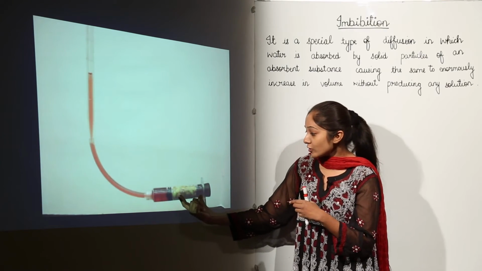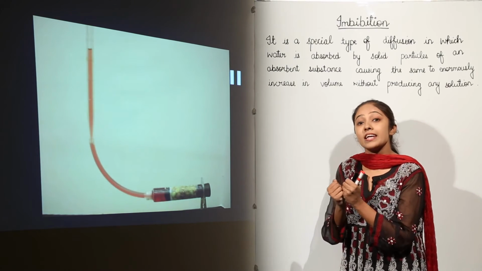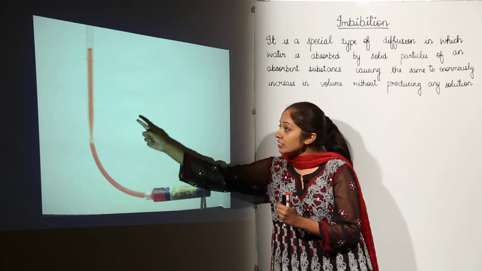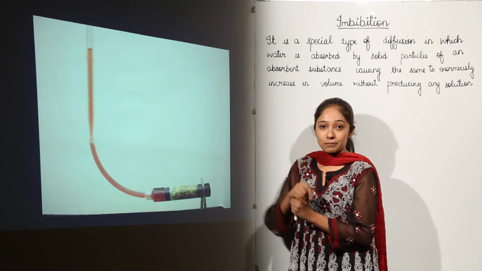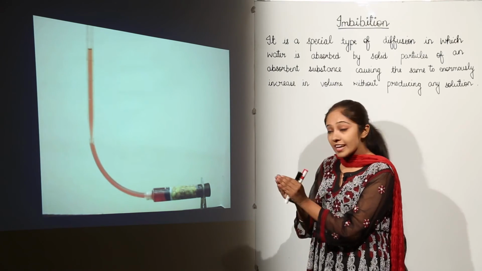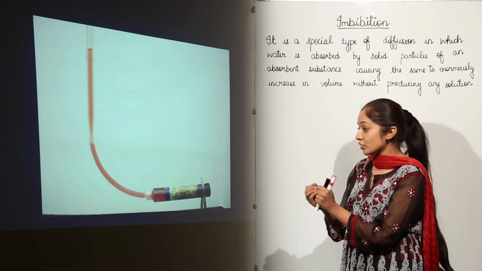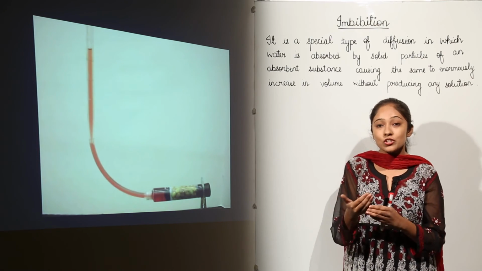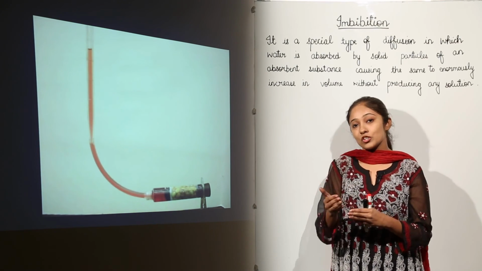When the seeds absorb water by the imbibition process, the level of this liquid is going to rise in the pipette. So this shows the extent of absorption of water by the seeds, which leads to their germination, due to which the young plant is going to be produced.